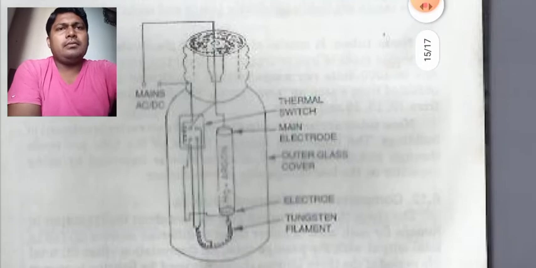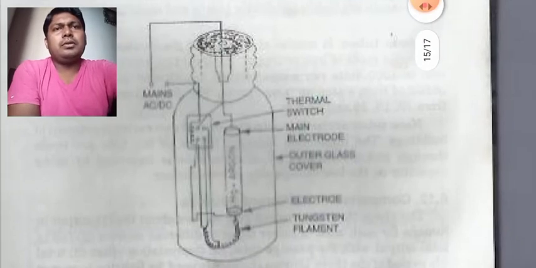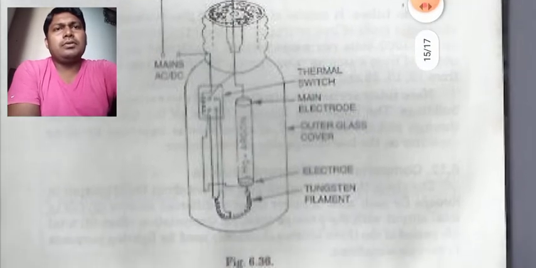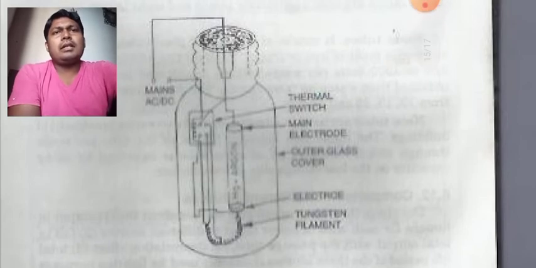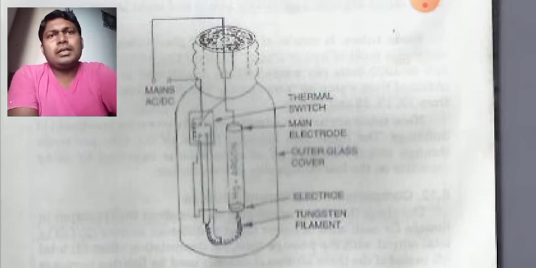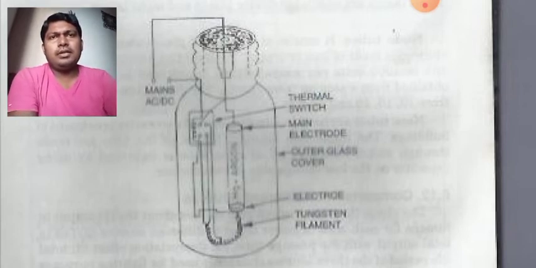So this is the diagram of the mercury vapor lamp without a choke. Here you can see there are two leads, mains AC or DC, whatever supply you have, you can supply.